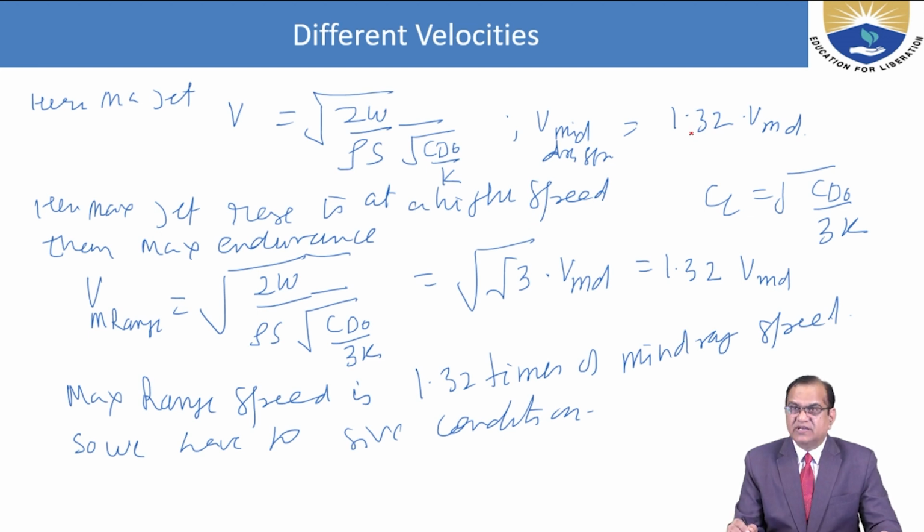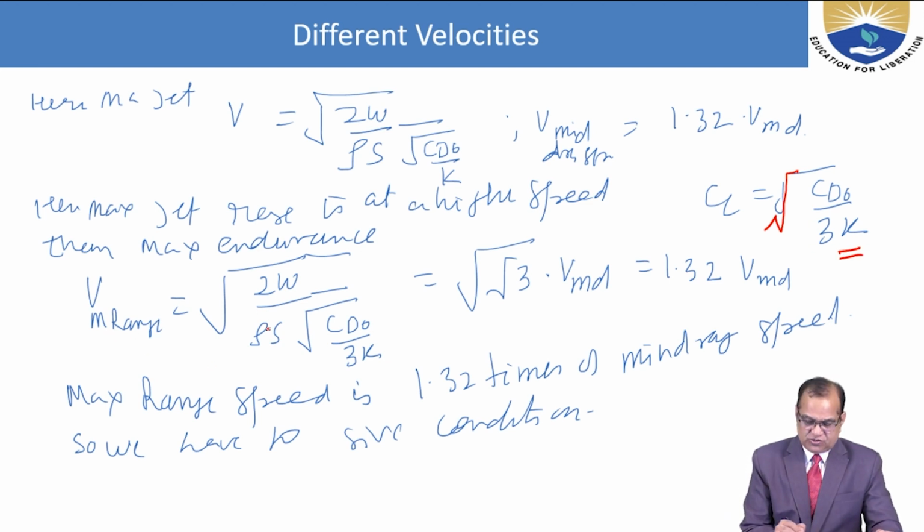We know that Cl is equal to under root Cd naught by 3K. So V for the maximum range is equal to under root 2W by rho S, Cd naught by 3K, and here we will get V for minimum drag.